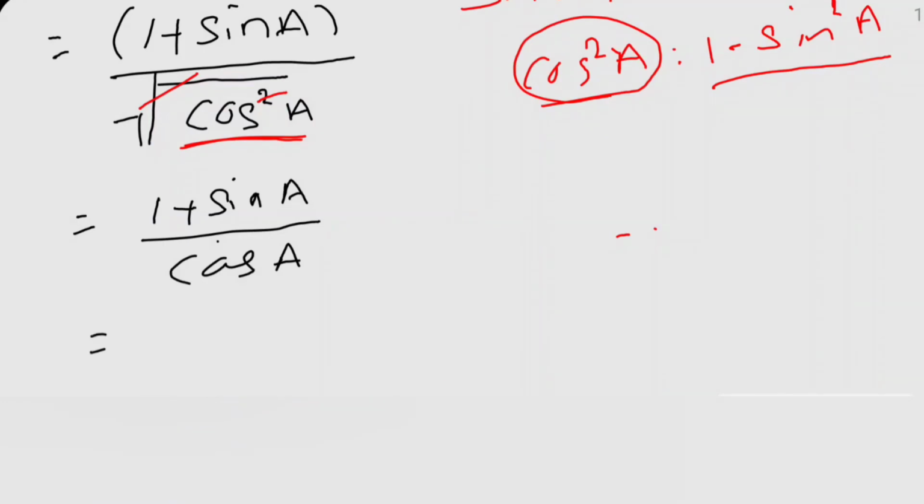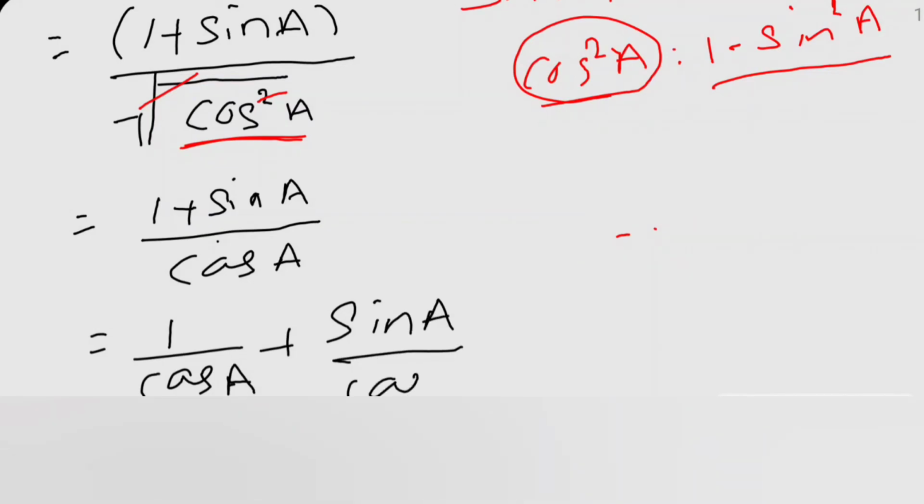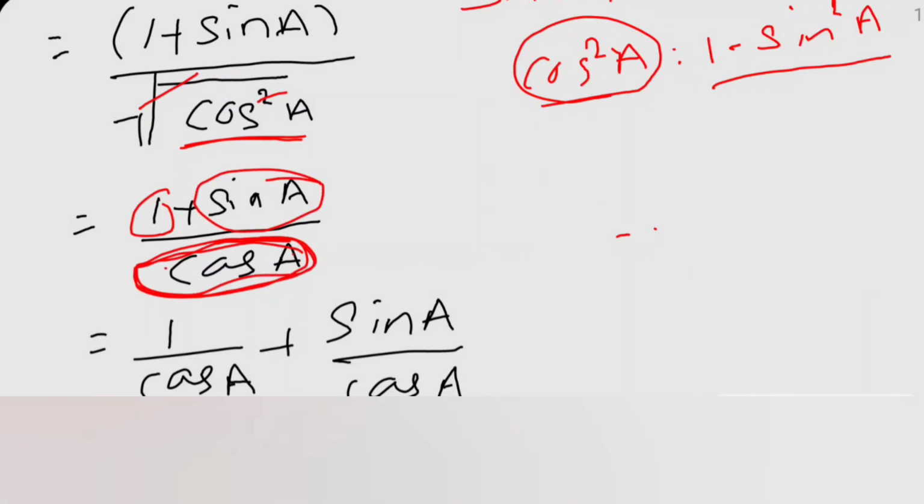So now here 1 divided by cos A plus sin A divided by cos A. So here 1 divided by this cos A and the sin divided by cos A. This cos comes in this 1 and sin also.